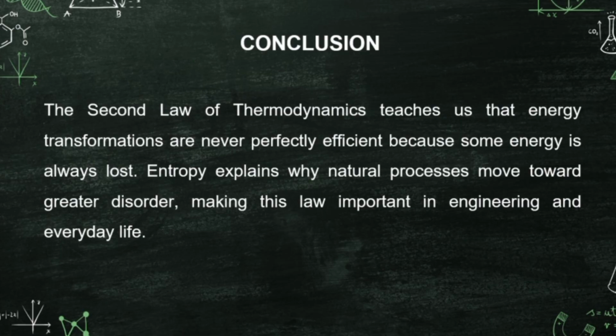Meanwhile, entropy measures the amount of disorder in a system, and according to the second law, entropy naturally increases as processes occur. So understanding these concepts helps engineers design more efficient engines, turbines, refrigerators, air conditioning systems, and many other technologies.